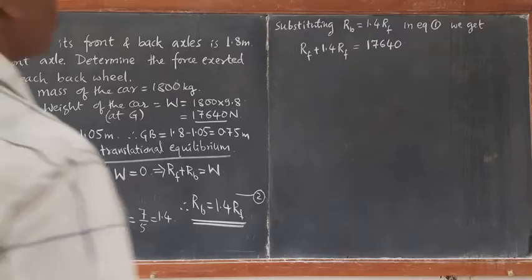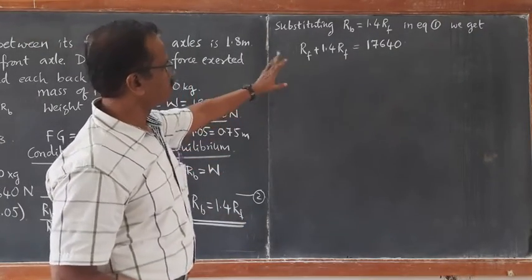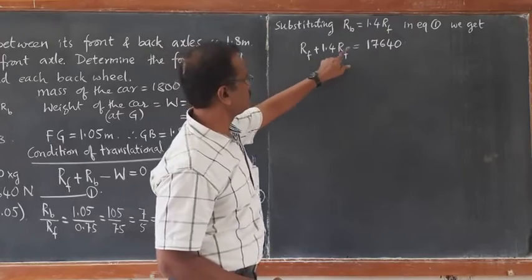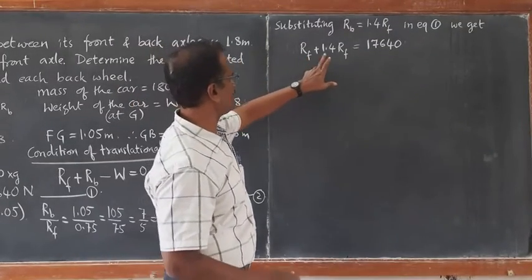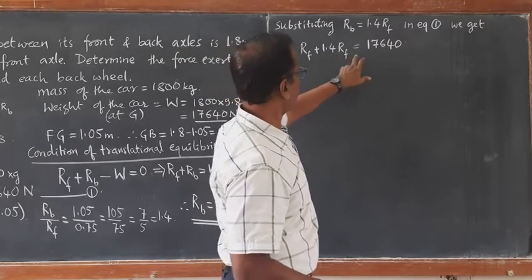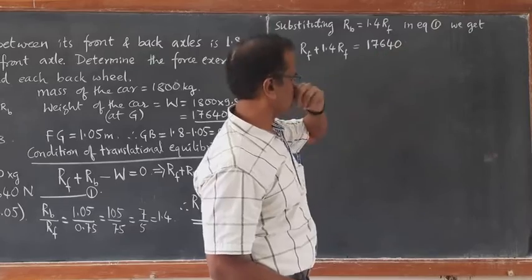Now substituting the RB value, that is 1.4 RF, in equation number 1. RF plus RB equal to 17640, we got as equation number 1. So it becomes RF plus 1.4 RF is equal to 17640.